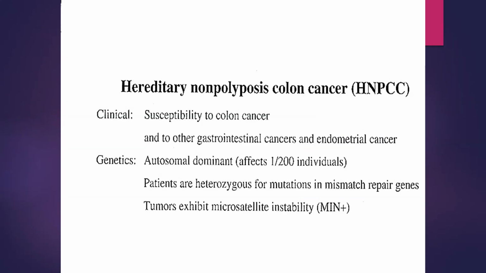These are examples of mutations in the damage repair system, in which hereditary non-polyposis colon cancer, commonly known as HNPCC, occurs. It is a colon cancer, and also involves other gastrointestinal cancers and endometrial cancers.